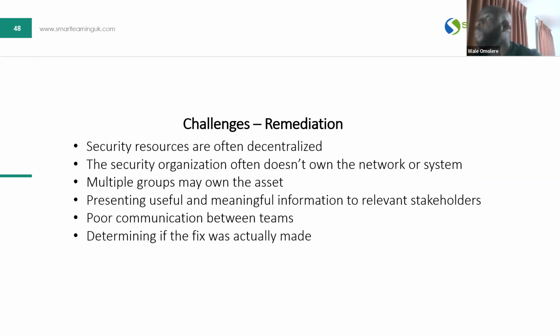Don't forget that the web application lives on the web server, and that web server is sitting on an underlying operating system. So you have to get the buy-in of the two other stakeholders or owners before you can fix that problem. This is what we call multiple groups may own the asset. All right, is this making sense?